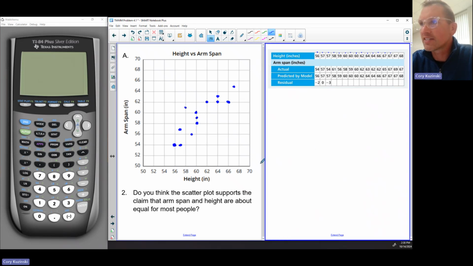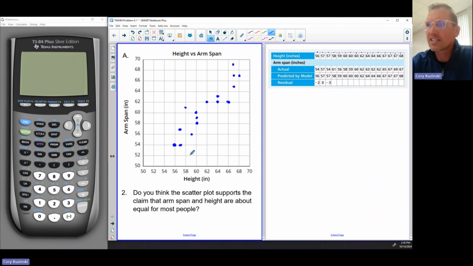And 67 and 67. 67 and 69. And our tallest person, 68 inches, with a 67-inch arm span right there. All right. So these 16 dots represent 16 students. Got it. All right, what next?